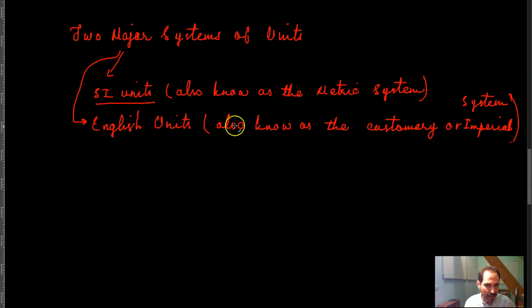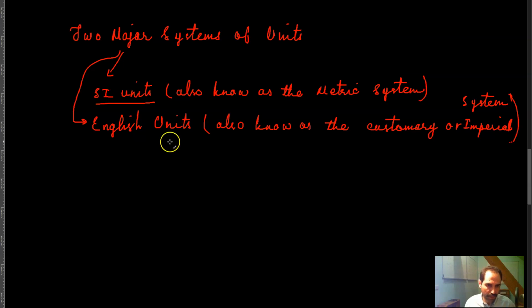And the English units, which is also known as the customary or imperial system, was historically used because of the British Empire. In the past the British Empire was ruling many countries in the world, which for most parts of the world is not the case anymore.